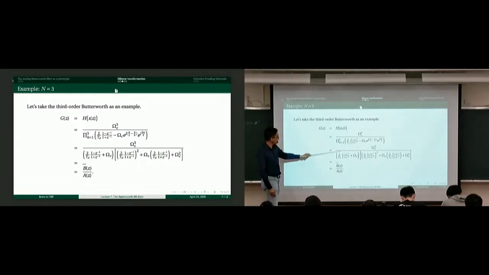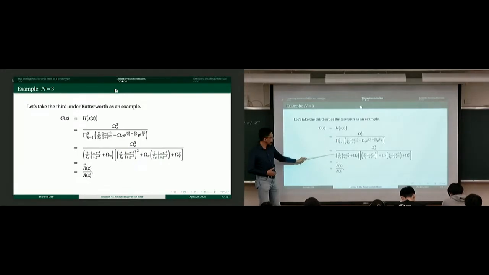Because in the end we want this expression to be in terms of B of z divided by A of z, where B and A are both polynomials. But do we have polynomials here? Not yet. This is not a polynomial of the inverse. So we need to move some terms around so the final expression becomes B of z divided by A of z. So what should we do?